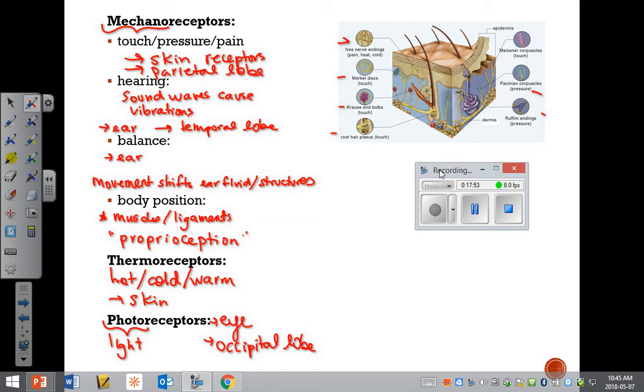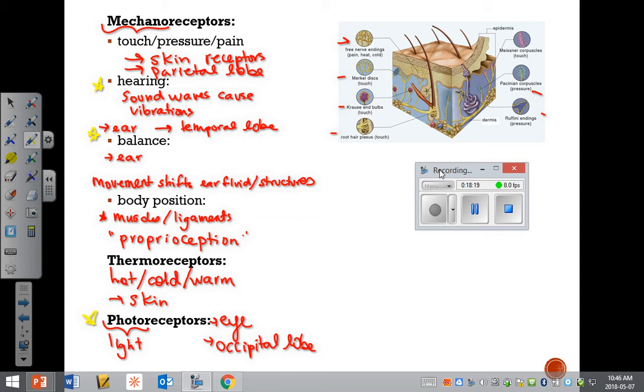So there's a bunch of kinds of receptors. You should have a good idea of what kind of things would fall into each category. And if I told you which part of the brain is attached, which part of the brain should that information go to? That's the basics. For these three specific things, hearing, balance, and photoreception, we'll do a more detailed account of what's going on.